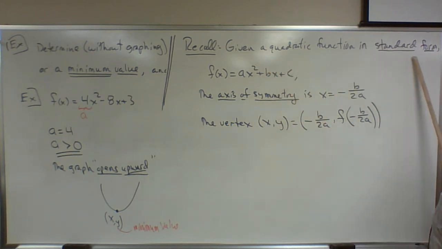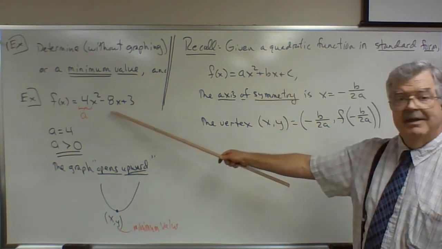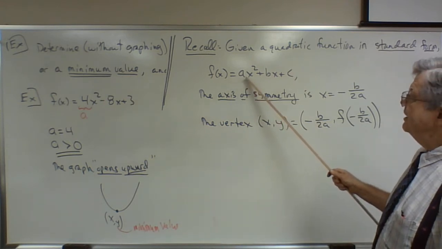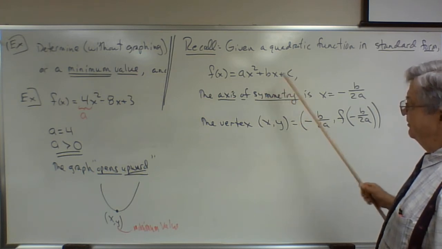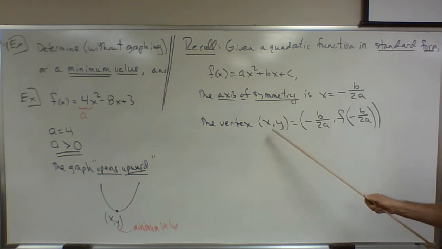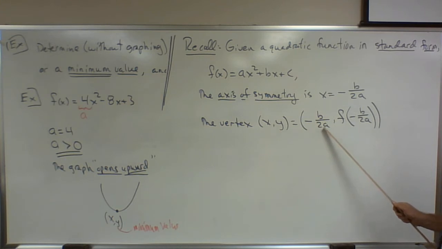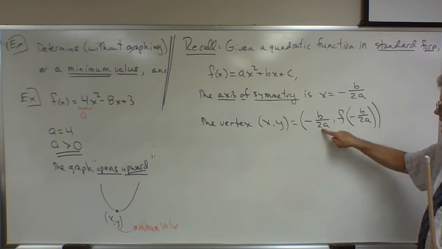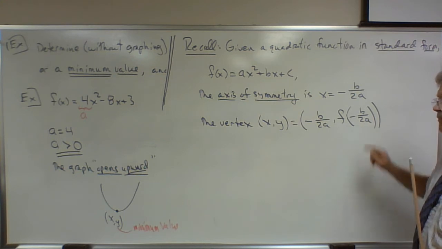Given a quadratic function in standard form, and that's what we got right here, f of x equals ax squared plus bx plus c, the axis of symmetry is given by x equals negative b over 2a. And the vertex has as its x-coordinate negative b over 2a, and as its y-coordinate, f evaluated at negative b over 2a.